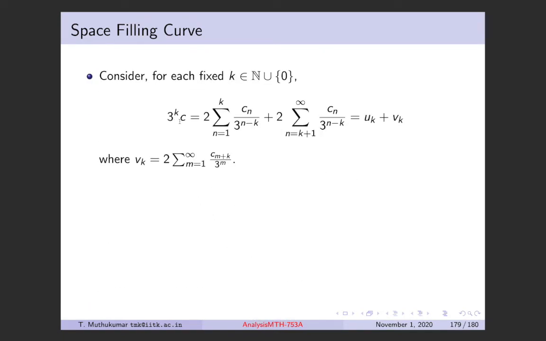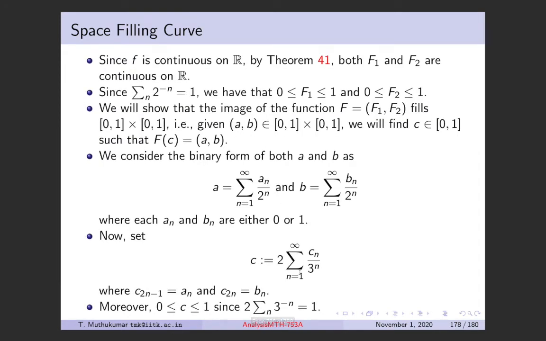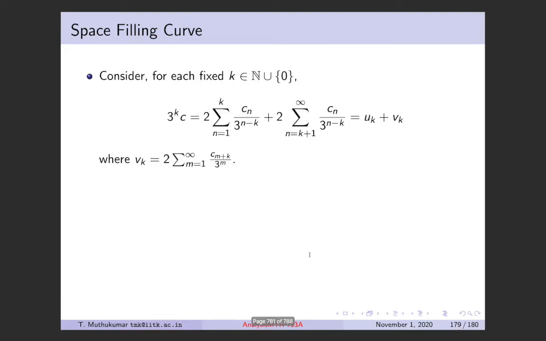If I look at 3 power k times c, then you split it by the definition of c. C is this, so I multiply 3 power k here, I bring the 3 power k inside, and this has a sum from 1 to infinity. So you split this sum up to k and then after k. Once you fix a k, this k is fixed. So 3 power k times c is precisely that sum split into two terms, one up to k and another from k plus 1 to infinity.